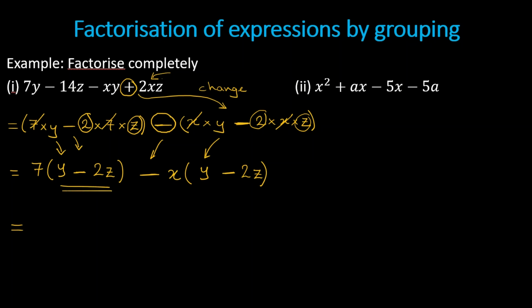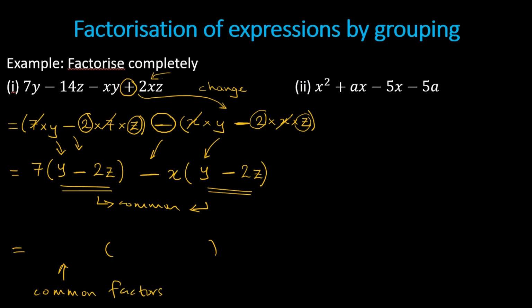Here we have y minus 2z. Here also we have y minus 2z. So it is an expression which is common. So we use compound factors. This is common, and you already know all common factors have to be outside. So y minus 2z has to be outside.